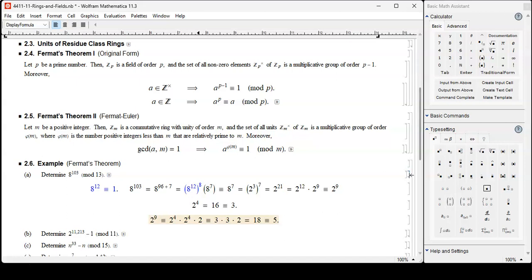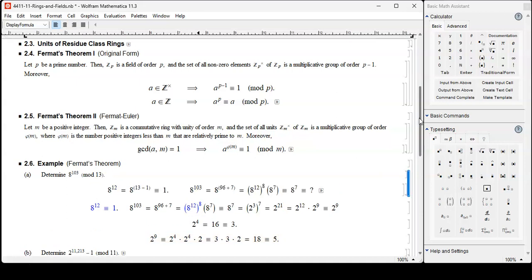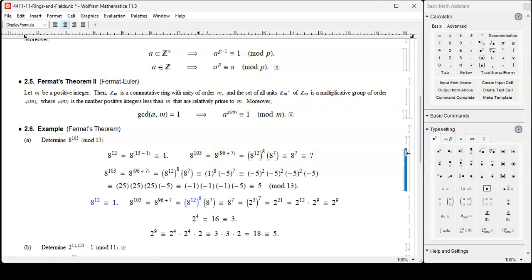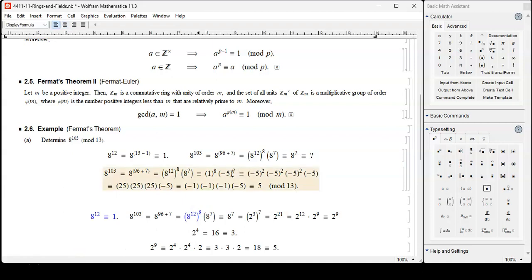What did I do in my answer key here? Okay, that much is certain. 103 can be decomposed, and then 8 to the 7th power. And here in my answer key, negative 8 is negative 5, because 8 is 13 minus 5.